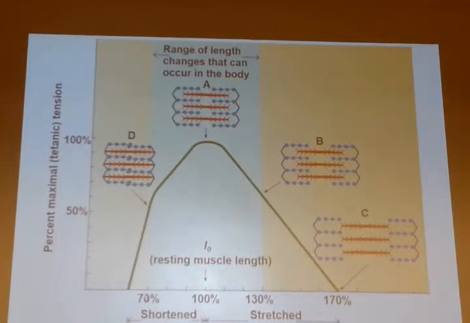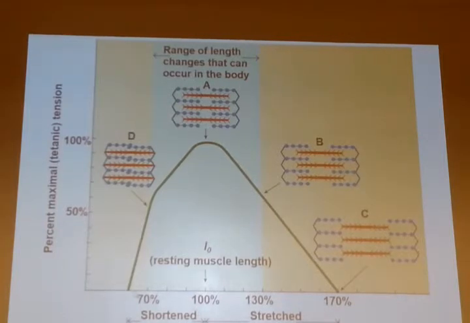When the muscle is at 70% of its optimum length, power drops off. When it's overstretched, at 130% or 170% of optimum, you are again losing the ability to produce tension.